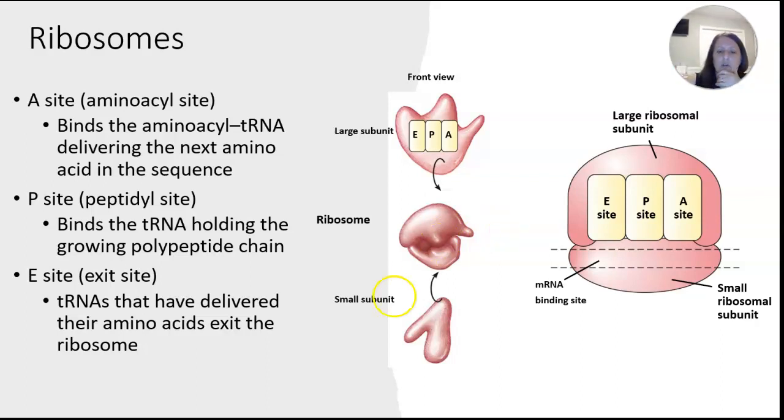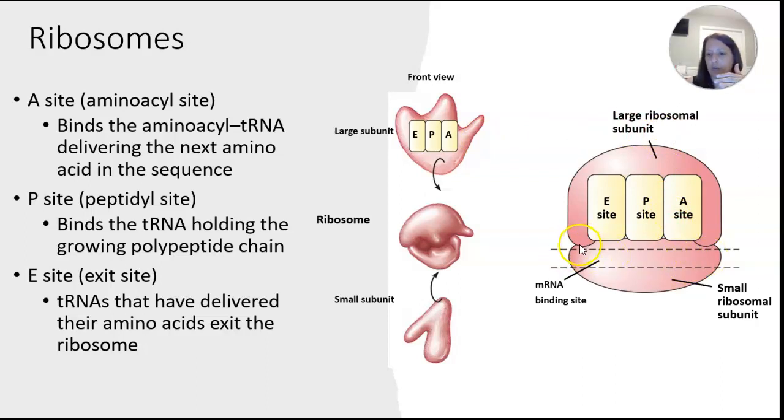Okay? So if we were to just take those apart, the small subunit looks like this, and the large subunit looks like this. And there's actually 3 sites in the large subunit. They're called the E site, the P site, and the A site. Okay? And I actually want to come over here and look at this ribosome, put together.